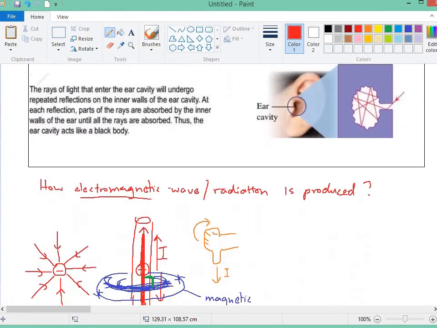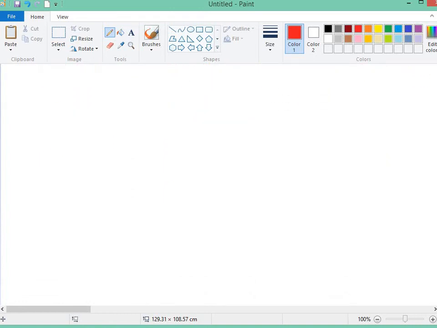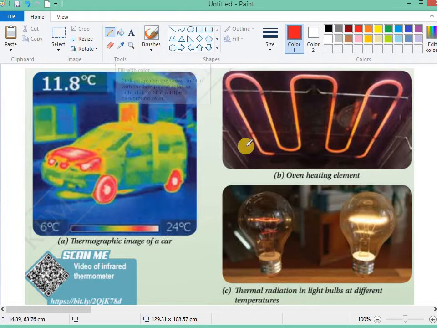So for example, this object, you look at the car. The car has different parts of different temperature, right? So the different parts of the car will emit electromagnetic radiation of different wavelength or different frequency.